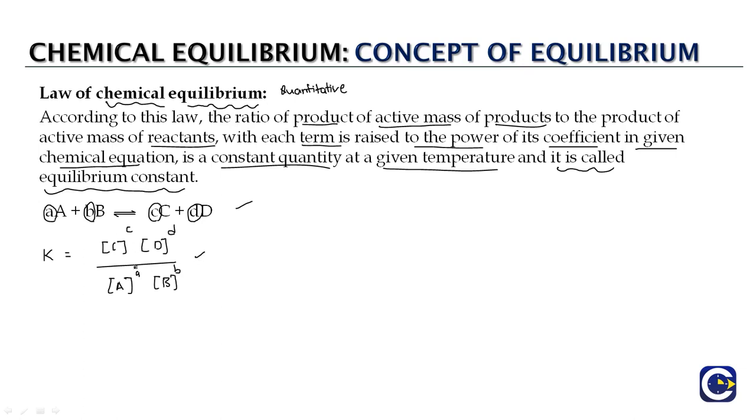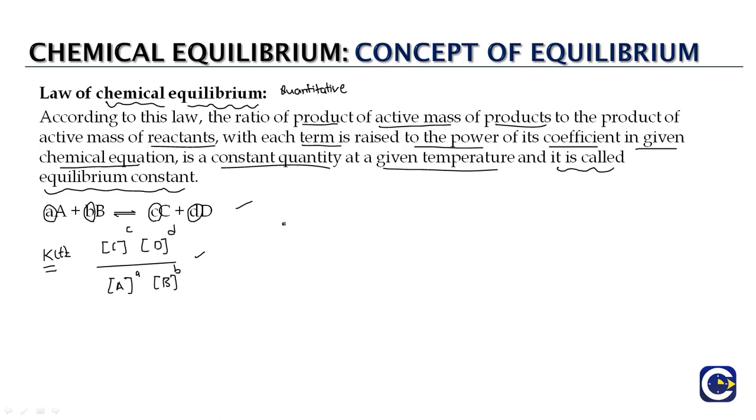This term is the equilibrium constant, which is a function of temperature, and it represents quantitatively the relation between the active mass of the reactants and the active mass of the products at the stage of equilibrium.